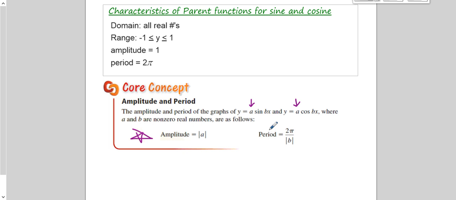And the period, the length of one cycle, is 2 pi divided by b. Here is the b number. When there's a number in there, it'll be 2 pi divided by b. Parent function has period 2 pi. If we do a horizontal stretch or shrink, it'll be 2 pi divided by the absolute value of b.